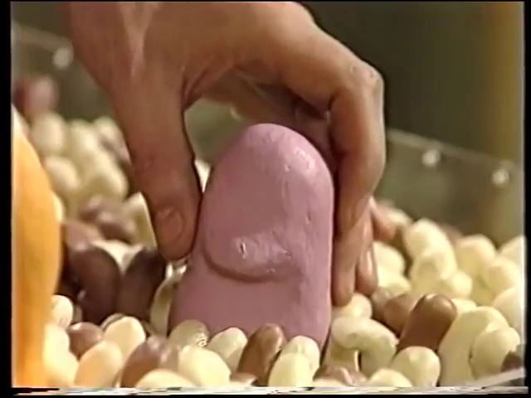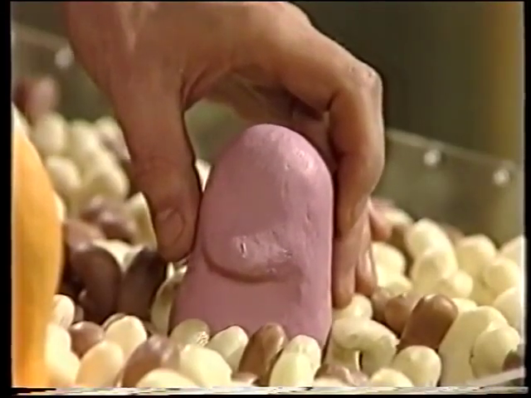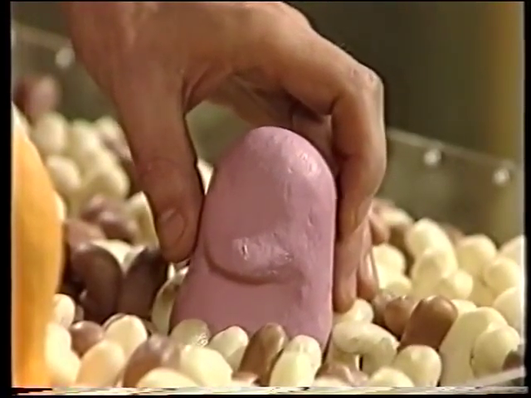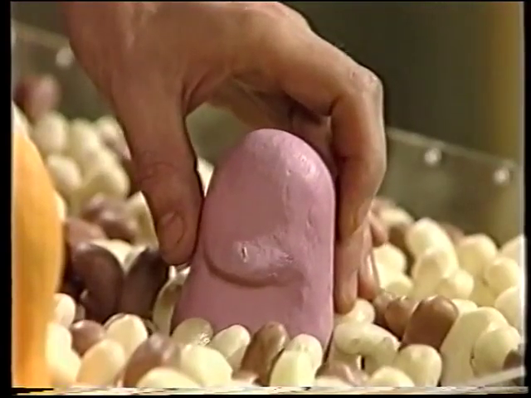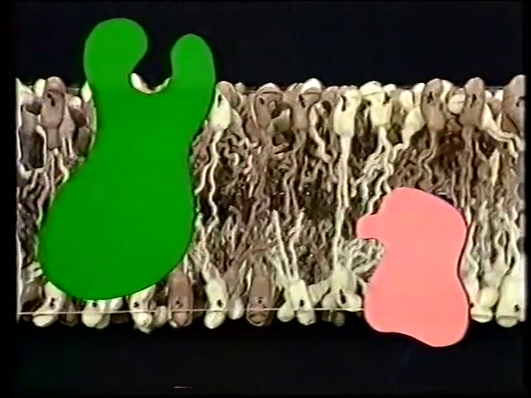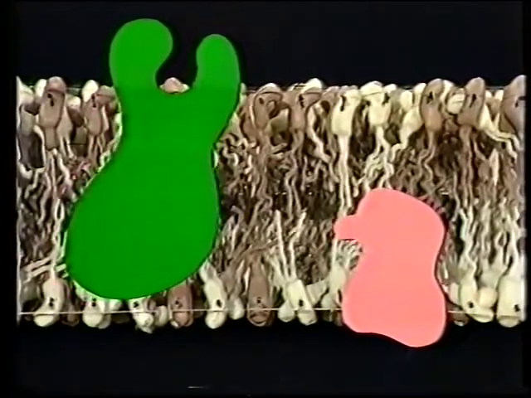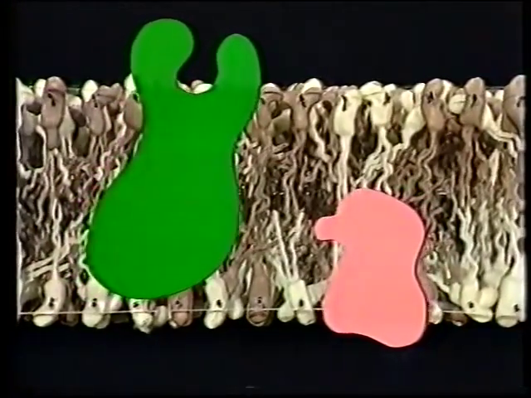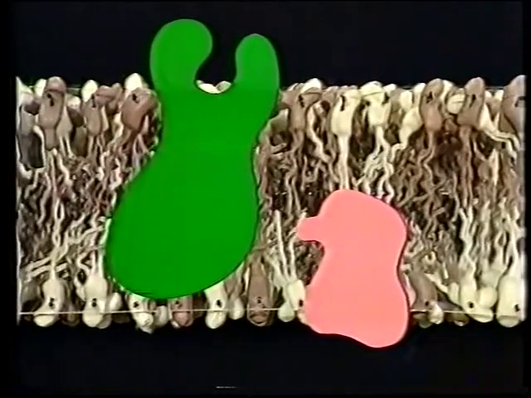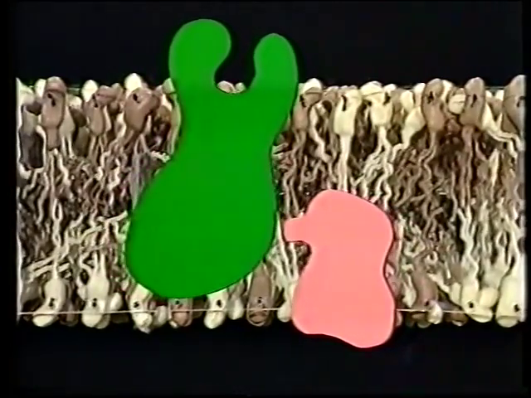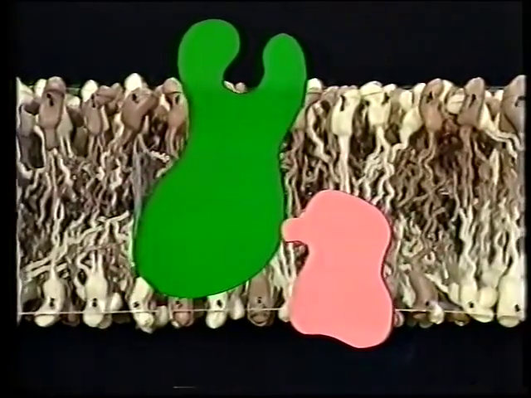Activation of adenylate cyclase produces cyclic AMP from ATP, and it's cyclic AMP, this second messenger, which initiates the cellular response. Both proteins, receptor and adenylate cyclase, appear to float freely in opposite sides of the membrane. Random meeting elicits no response, and they drift apart.